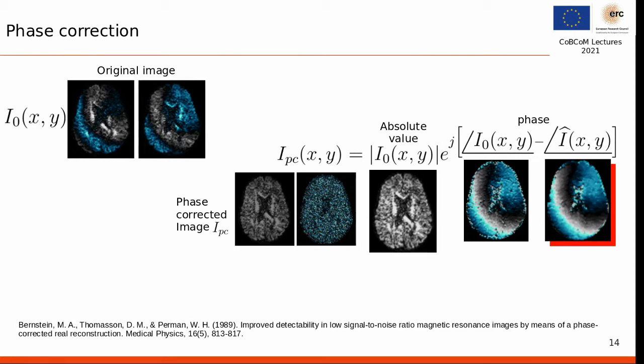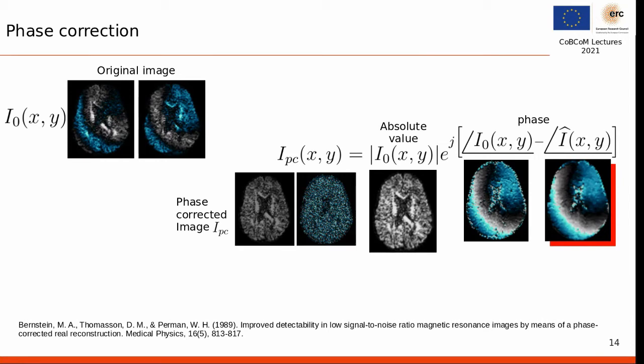And this estimation is really an attempt we make in order to obtain the unknown ground truth phase of the whole image. I highlighted that in red because this is really the core of the phase correction procedure. So we need to have a good estimation of the phase.